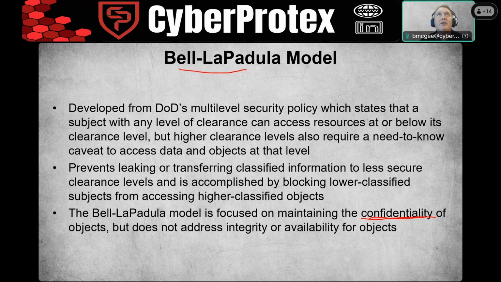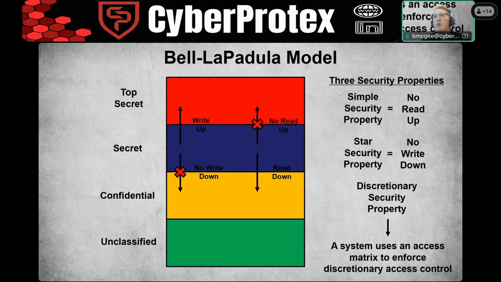So the Bell-LaPadula is a confidentiality model. It does not address the integrity or the availability of anything that's in there. It tells us, based off of the way that information is flowing, what we need to do. And so here's an example of that.